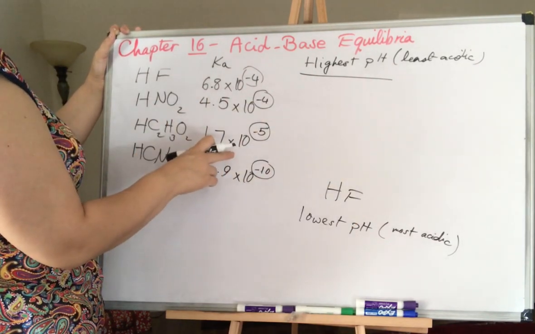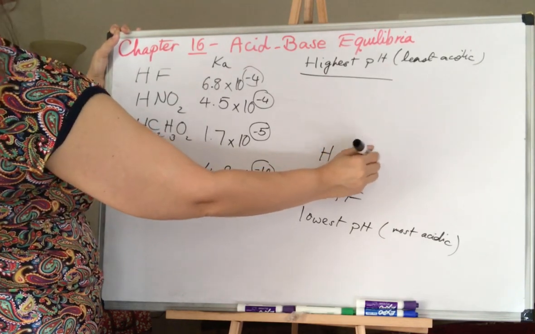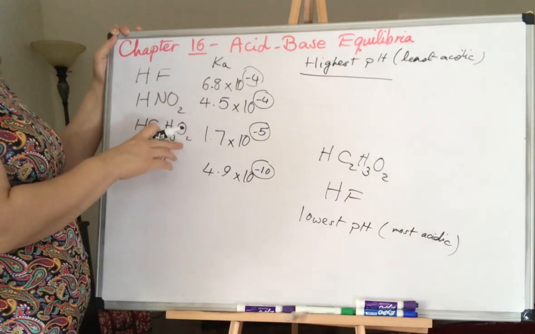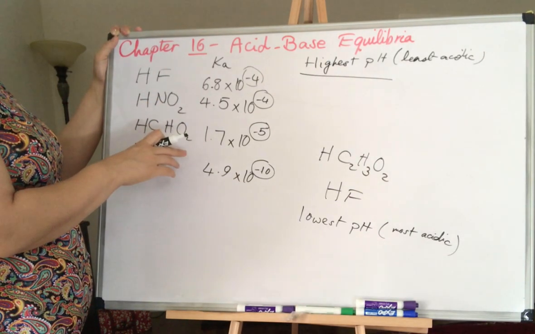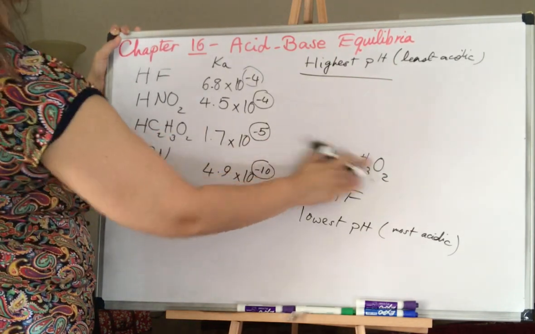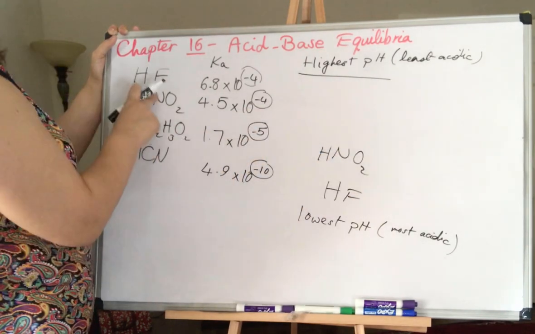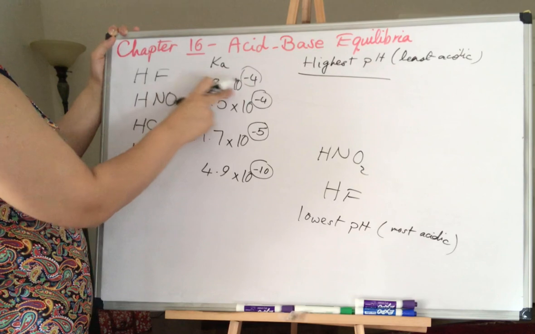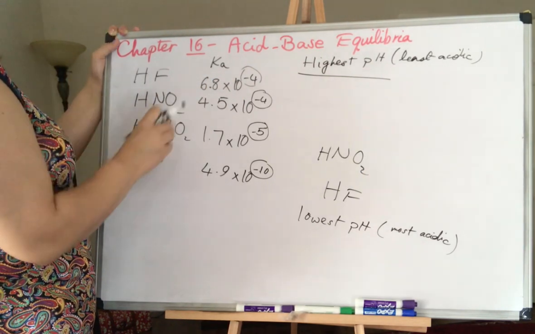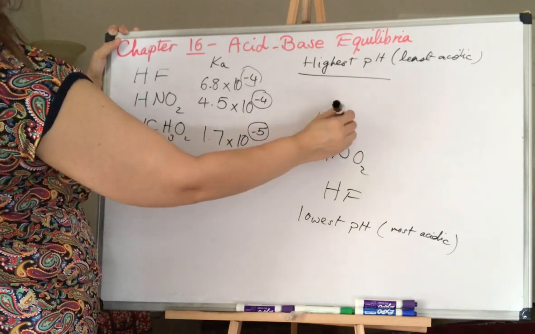Then which one is acetic acid, HC2H3O2? Then you have, wait a minute, no, HNO2. I'm sorry, I made a mistake. HNO2, yeah. First HF, which has the highest Ka. Then the second highest Ka is HNO2. Then the third highest Ka is acetic acid.